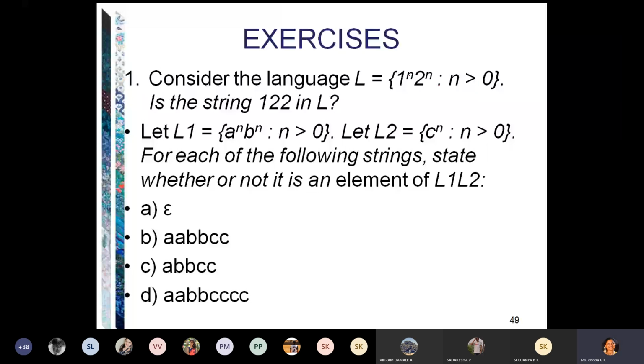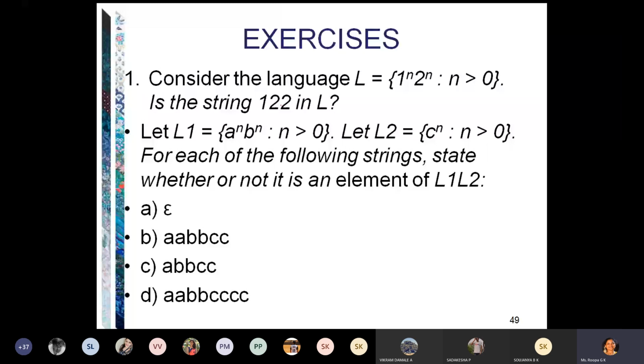The question is, is the string 1 to 2 in L? What is your answer? No. No, because, can you tell me the reason? 2 to the power n. There are 2 twos and just 1 one.